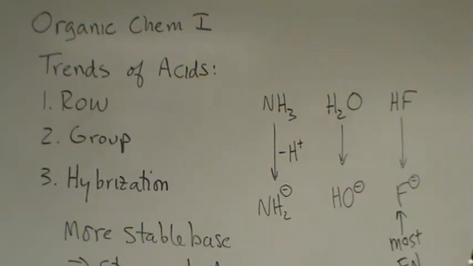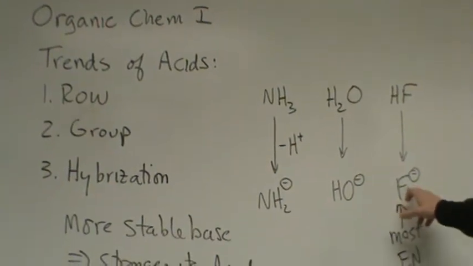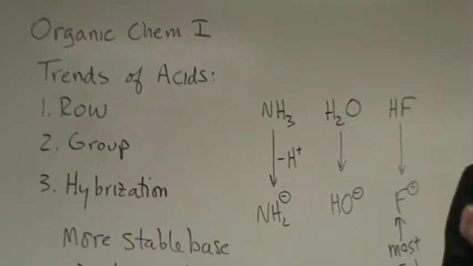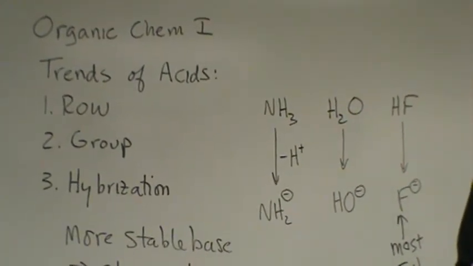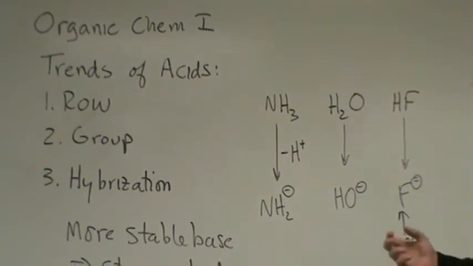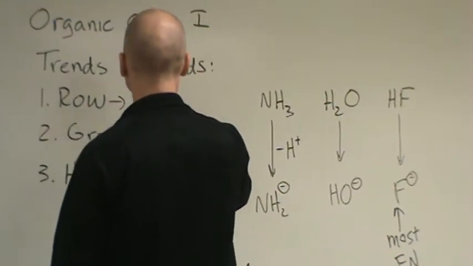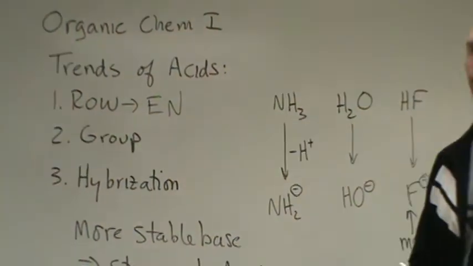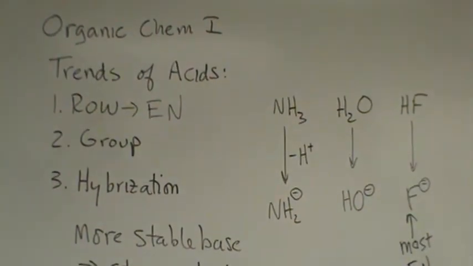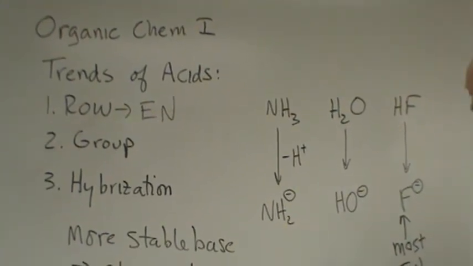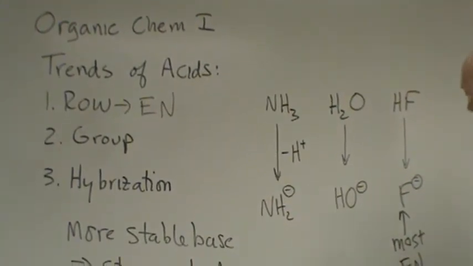And so this fluorine can thus stabilize that negative charge the most because it's pulling in on it the most. So here, the row argument is an electronegativity argument. So this one here will be the most stable.